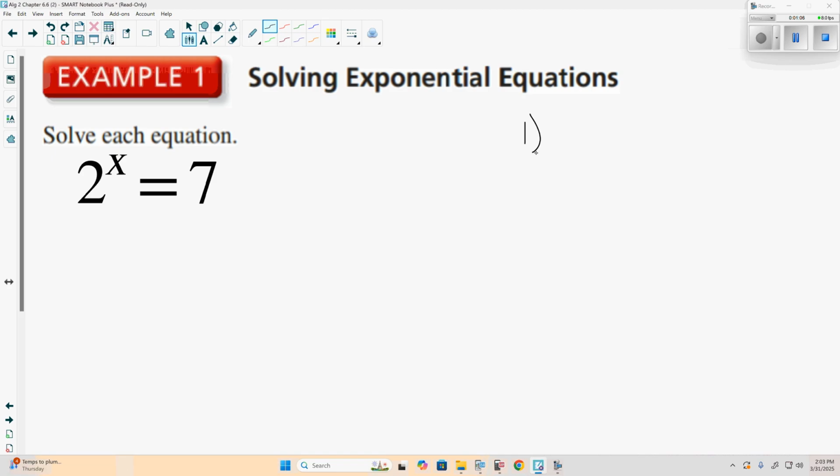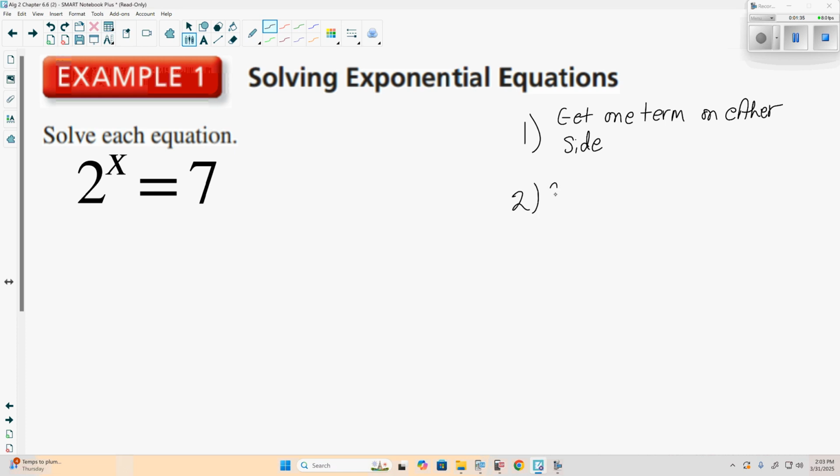Now, the first step in solving these logarithmic or exponential equations is really to get one term on either side of the equal sign. We want a single term on either side before we start applying any logarithm or exponent or base to both sides.